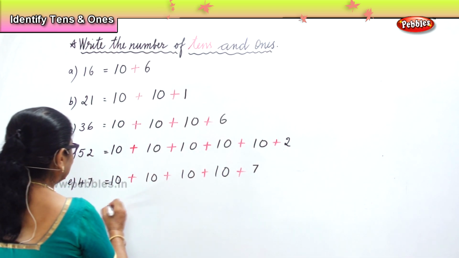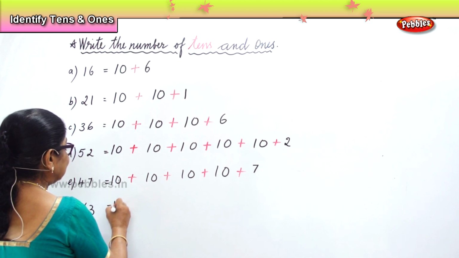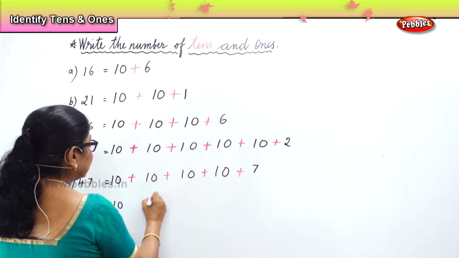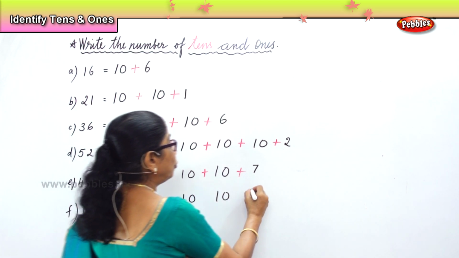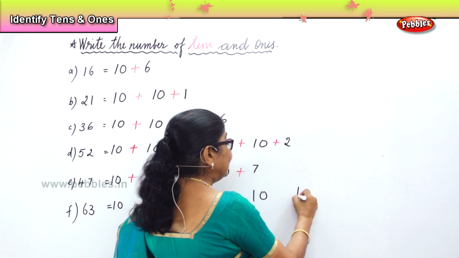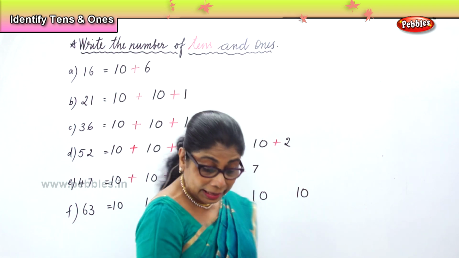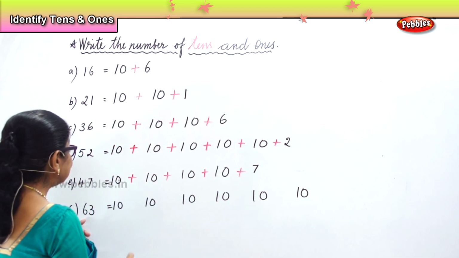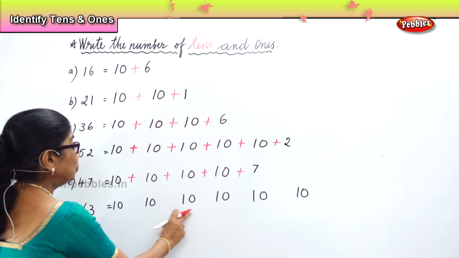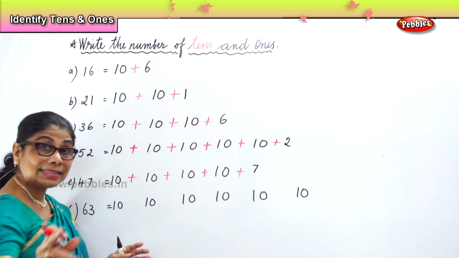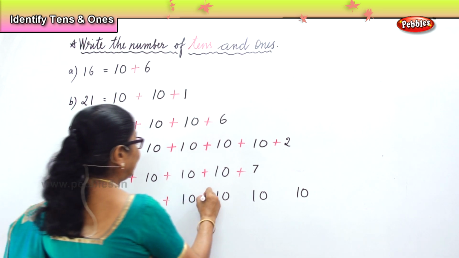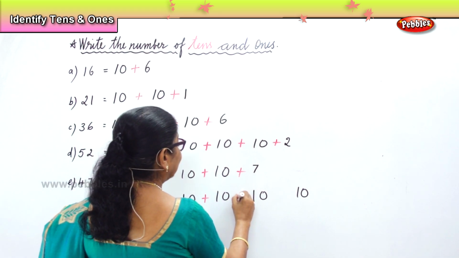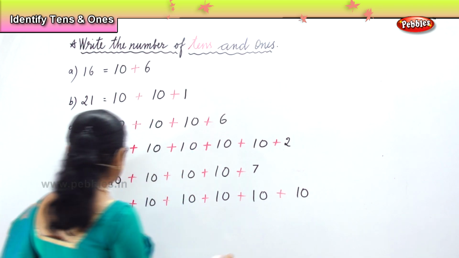So 60 means 1, 2, 3, 4, 5 and 6. How many tens? 6. 60. 1, 2, 3, 4, 5, 6. 60. So 10 plus 10 plus 10 plus 10 plus 10 plus 10 makes 60.